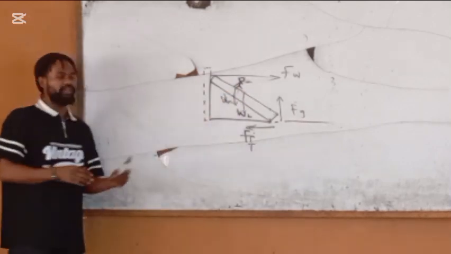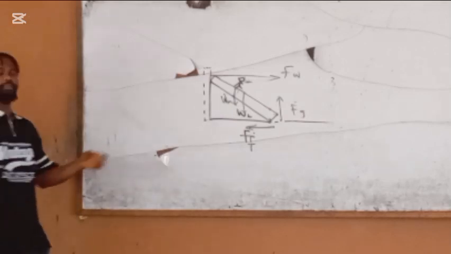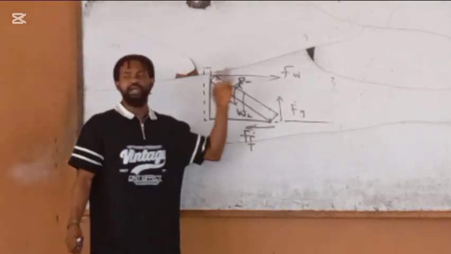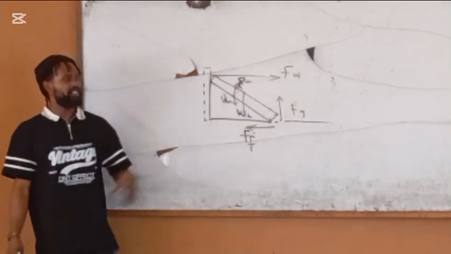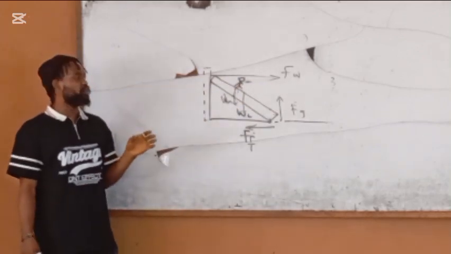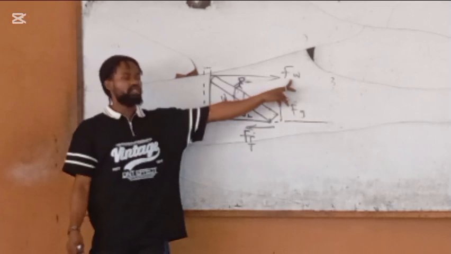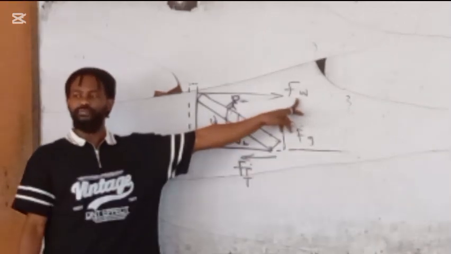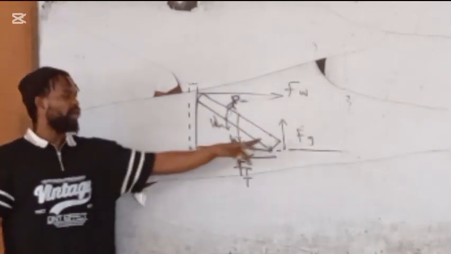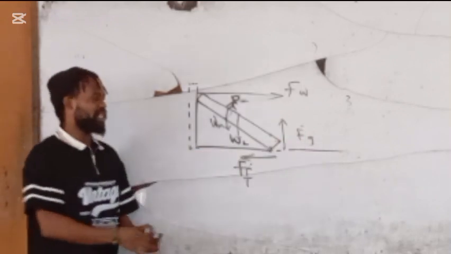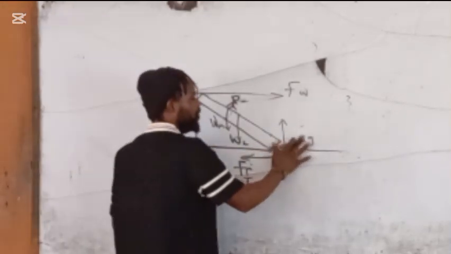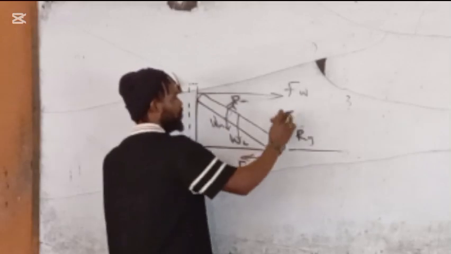Please, as you're writing, go to your book and write these things down, so that when I'm solving tomorrow, I don't have to be doing all these things again. Write where FW stands for force on the wall, or the reaction of the wall. Where FD stands for reaction of the ground. In fact, I don't want you to be using F or R for reaction of the ground.